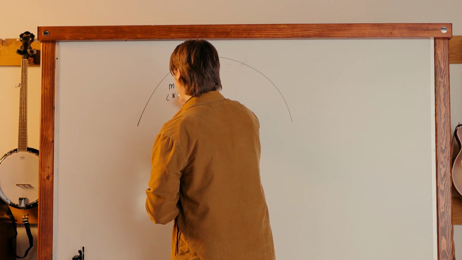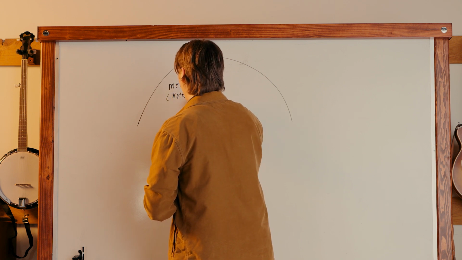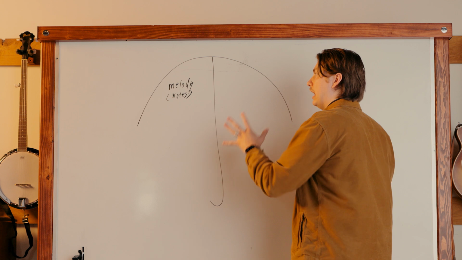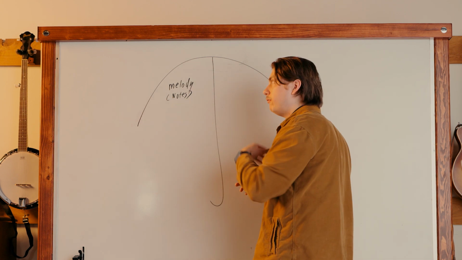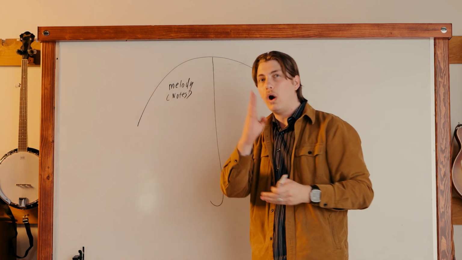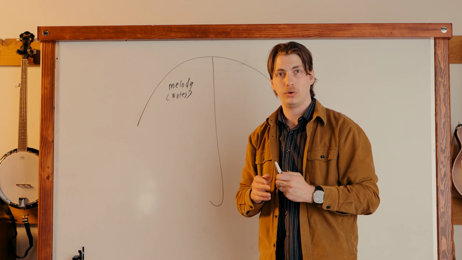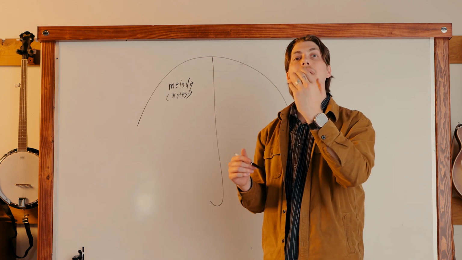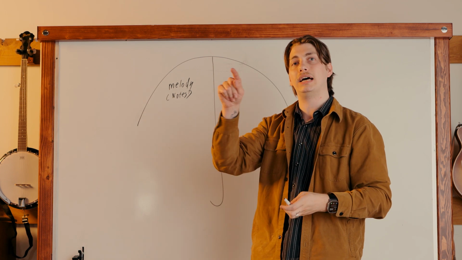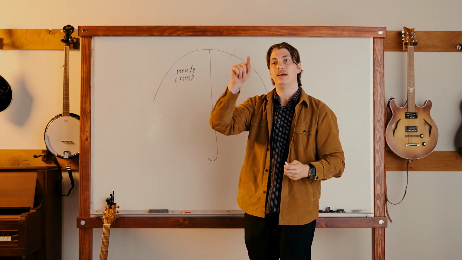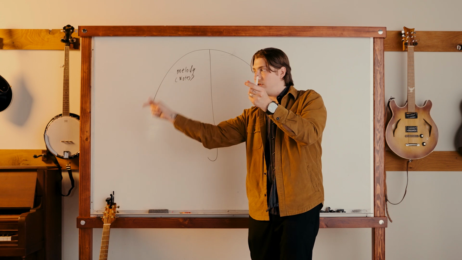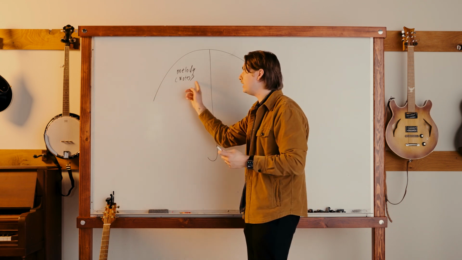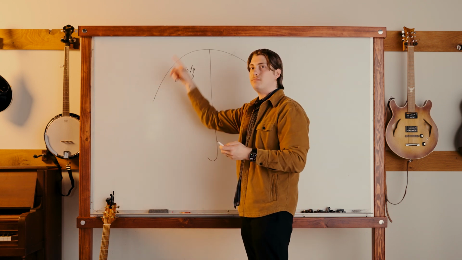You guys might know this as notes. The melody side of music is when there's one note played at a time. If I sing, I'm singing the melody. So if I go la, la, la, la, la, I'm singing all these little notes when I'm going down. Those are each notes, and that's melody.